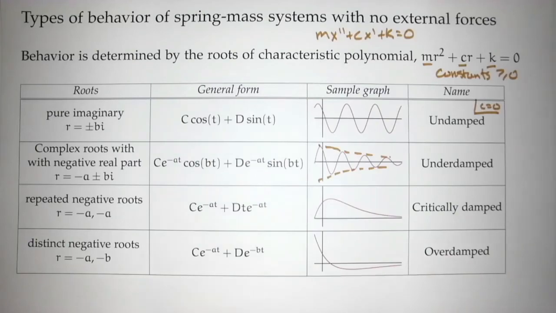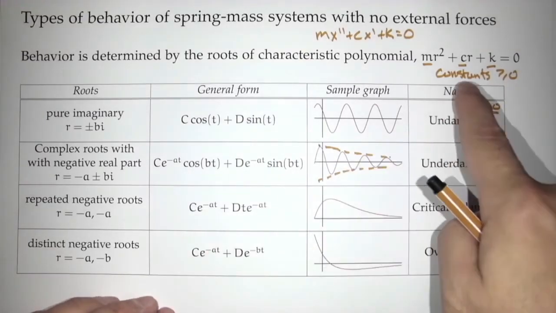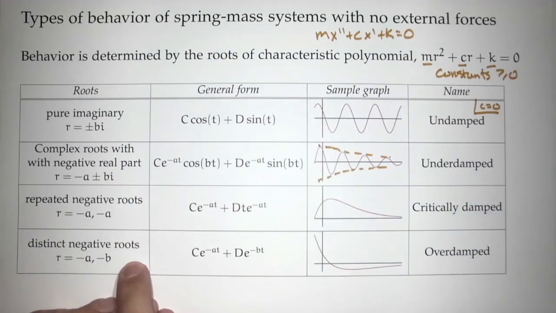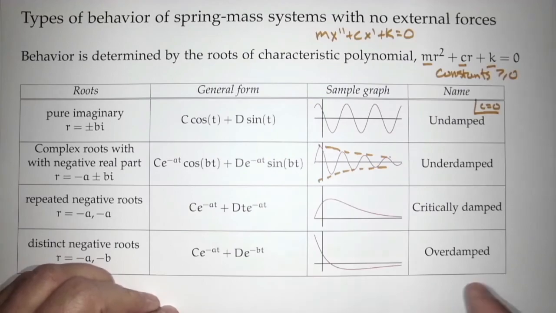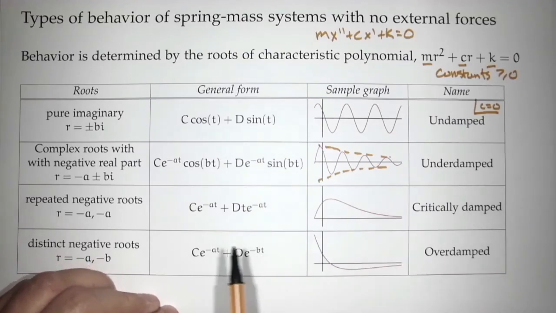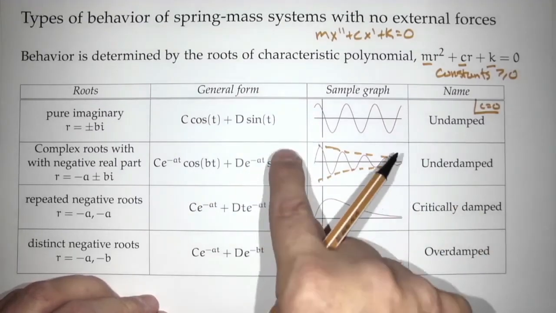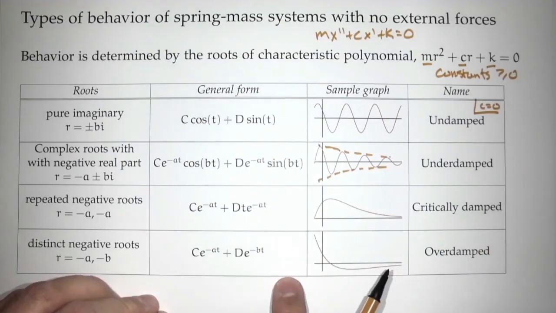It's like, whoa, you installed too many of these shock absorbers, way too much. And what happens is you install so many that your roots are no longer complex numbers, they're real numbers. So you look like some combination of two exponential functions which have decay. We call that overdamped. And critically damped says you're right on the borderline between being underdamped and being overdamped.